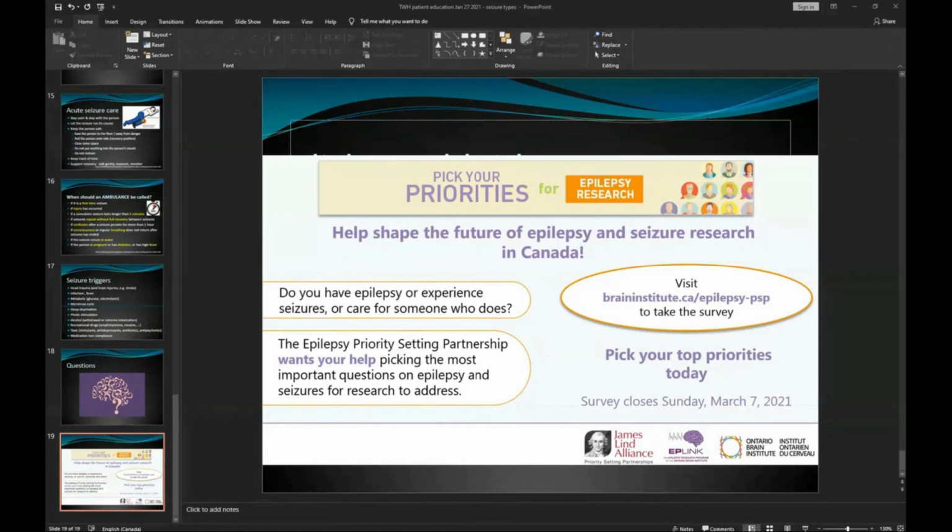Can auras or seizures cause laughter, or is it a post-seizure symptom? Yeah, so yes, there are some seizures that involve laughter, right? The fancy term that we use is called gelastic seizures, and they involve laughter.